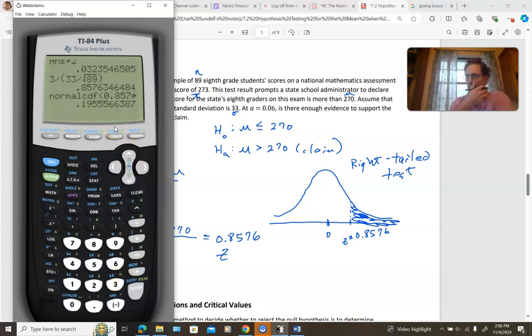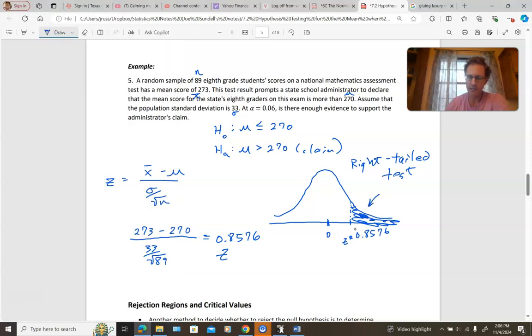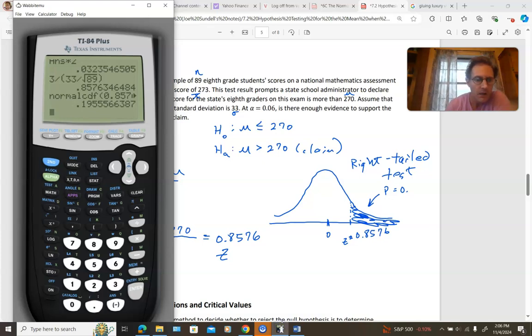Alright, so this is a fair amount of area, and I figured it would be because this is not even one standard deviation away from the mean, this particular value. Nonetheless, this is our p-score, and it is equal to 0.1956.